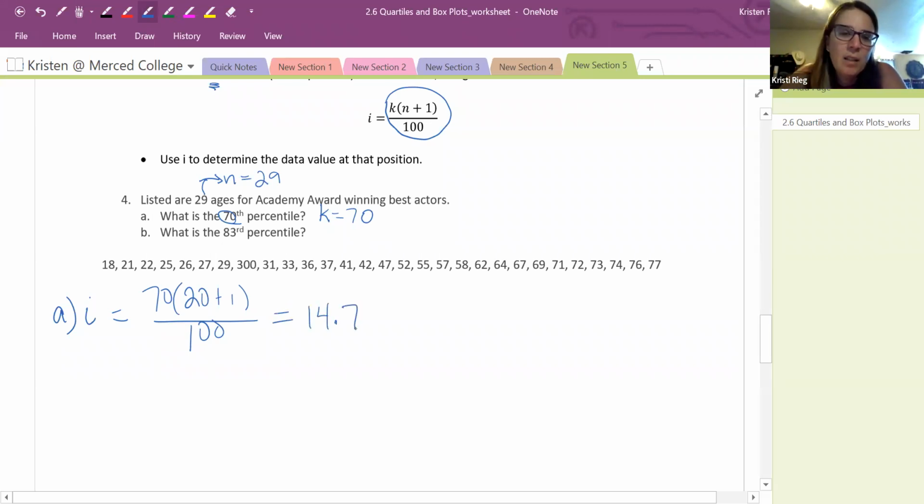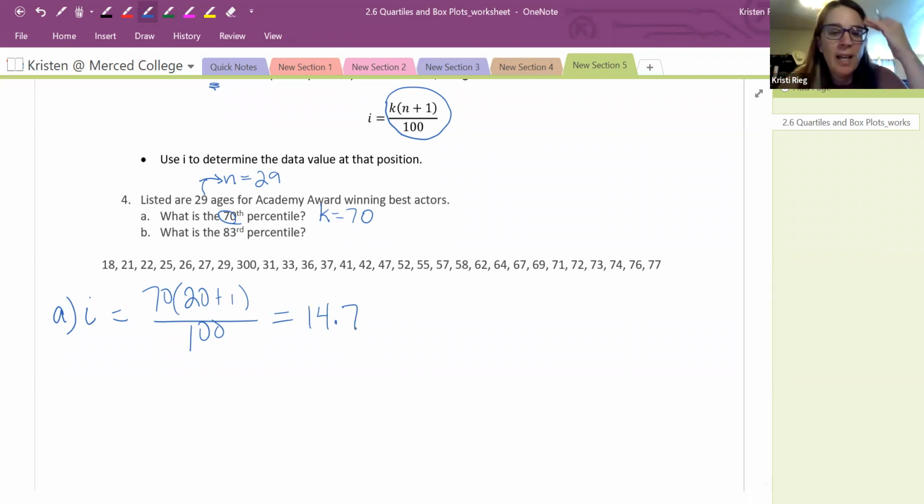I can't go to a decimal place. Let's think about this: if everyone lined up in line, you're first in line, you're second in line, you're third in line, nobody says you're 14.7th in line, right? So what we're going to do is always round down.